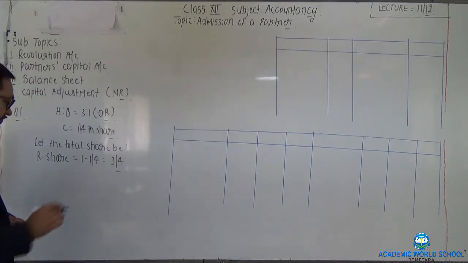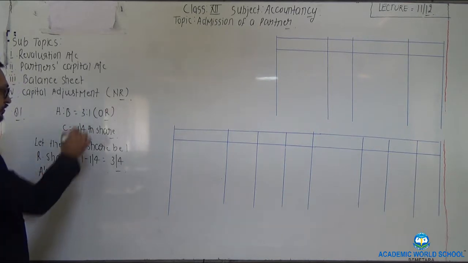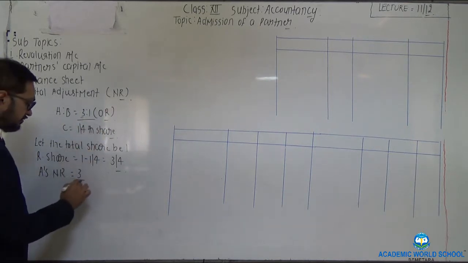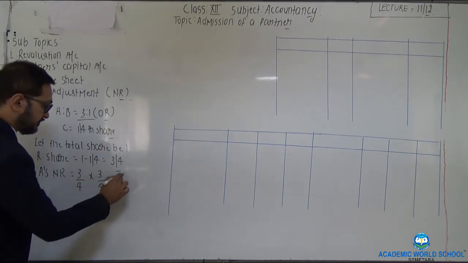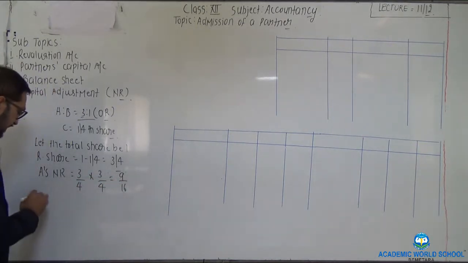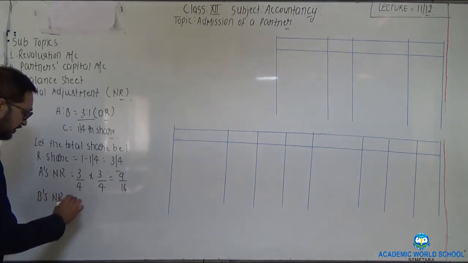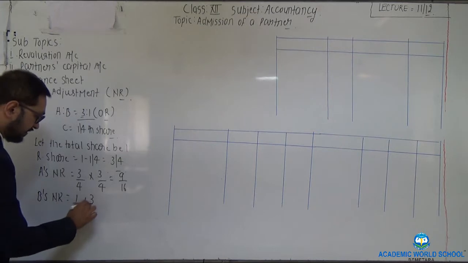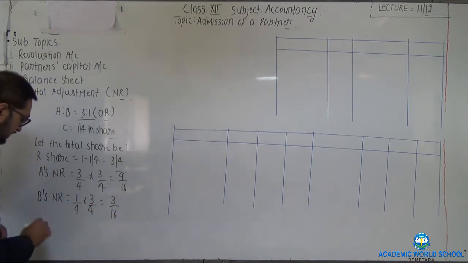Clear? A's new ratio would be equal to the old share of A, 3/4, into remaining share, that is 3/4, gives you 9/16. B's new ratio would be equal to B's old share multiplied by remaining share, gives you 3/16.